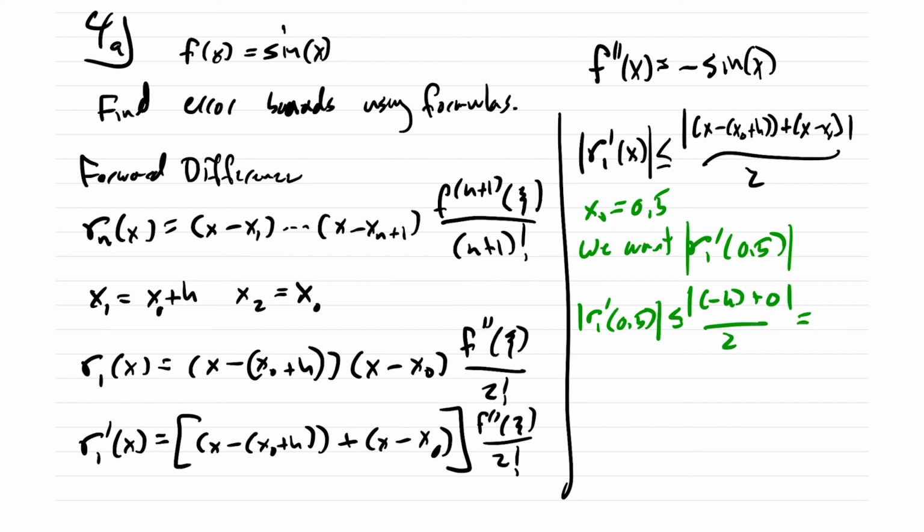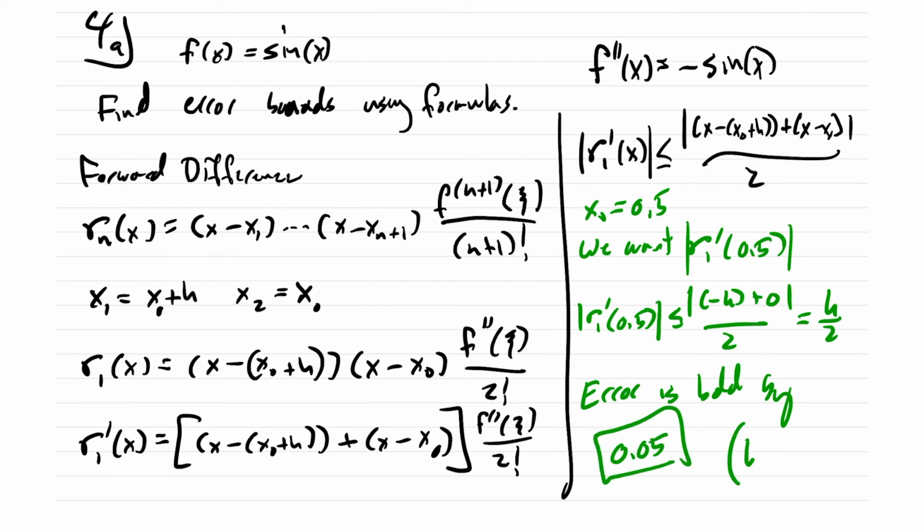That tells us the error is bounded by h over 2, so the error is bounded by 0.05 because h was equal to 0.1. And there you go, that's how you do that problem.